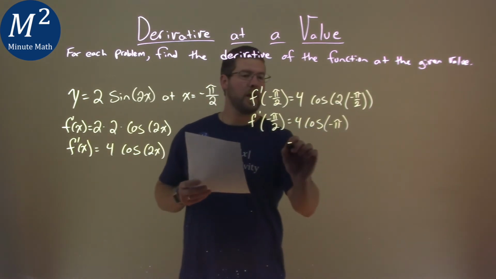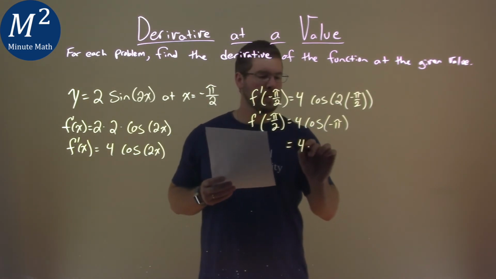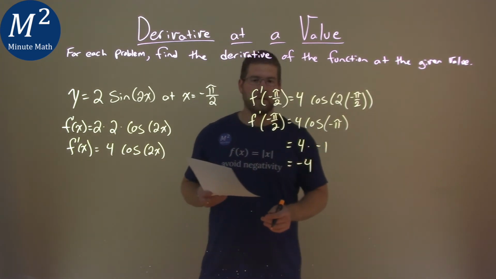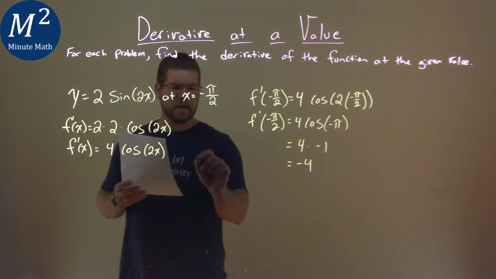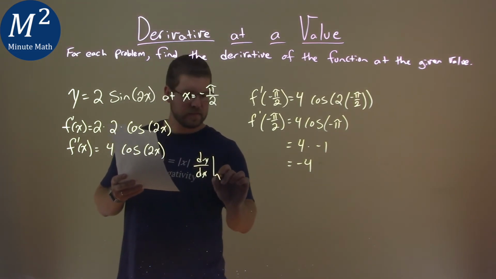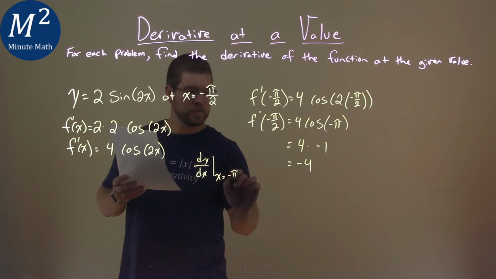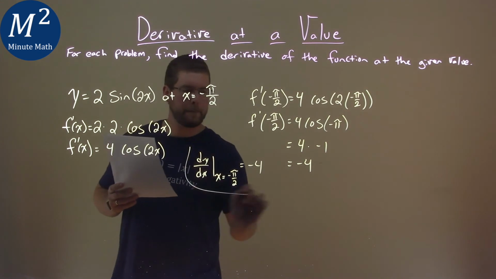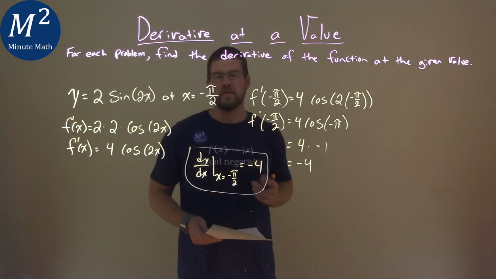Cosine of negative pi is negative 1, so we have 4 times negative 1, and we have negative 4 overall. So we can write our answer like such, dy dx, where x is equal to negative pi over 2 is equal to negative 4, and that is our final answer.